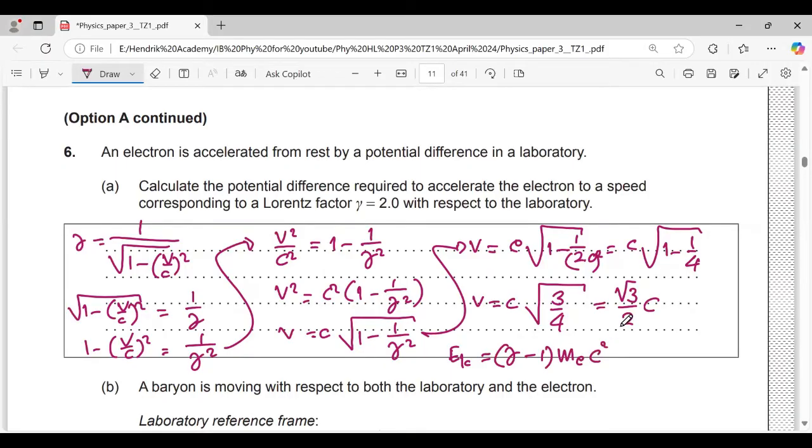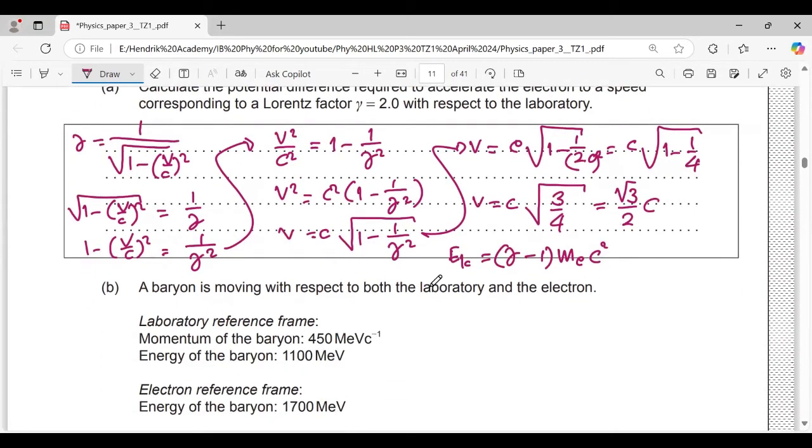Right, that is kinetic energy. So I would like to use that e times phi equals kinetic energy, where e is the elementary charge.